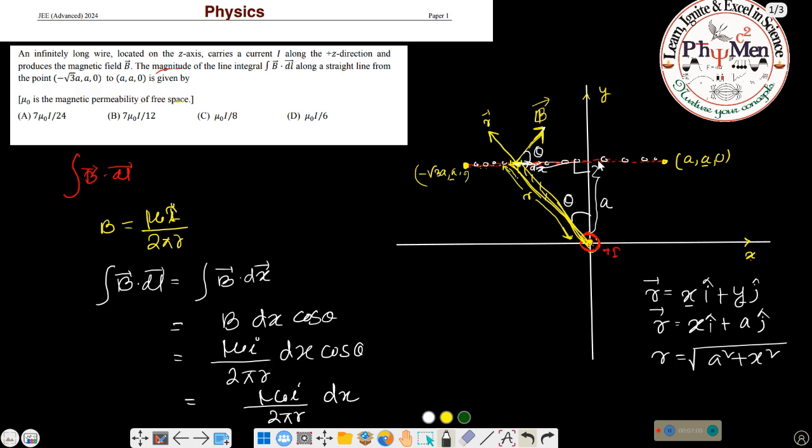From this triangle, with sides a and r, cos theta is equal to a by r.